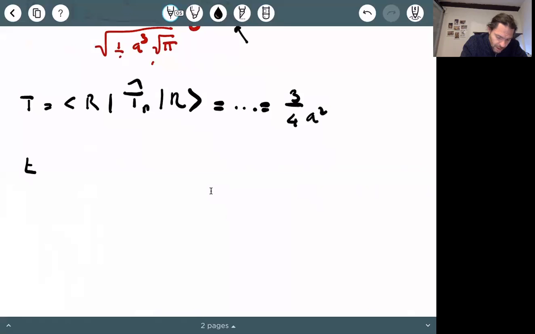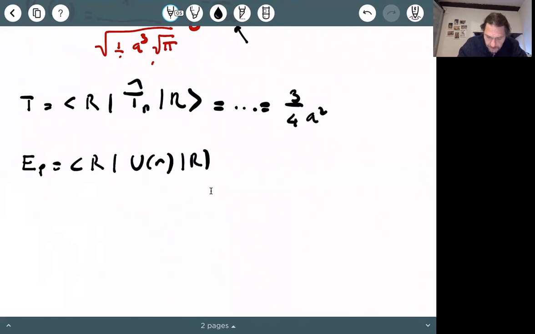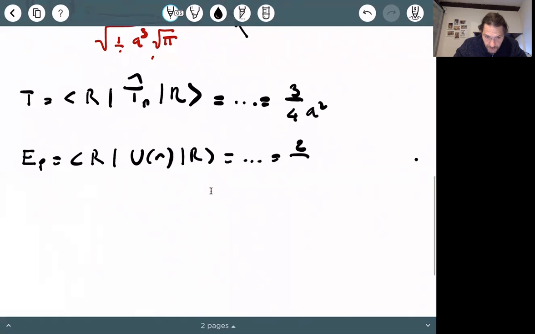And then if you take the expectation value for the potential energy, which is a Coulomb energy, and you do the calculation, you'll discover that this will give you −2/(a√π).